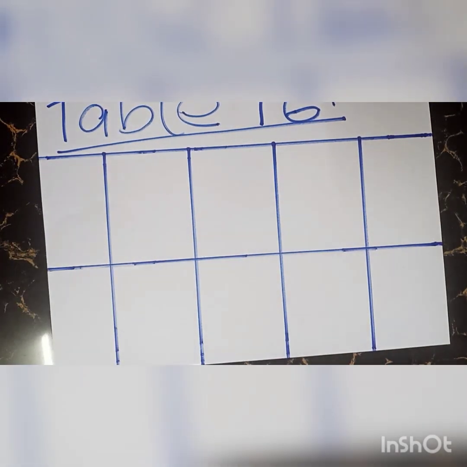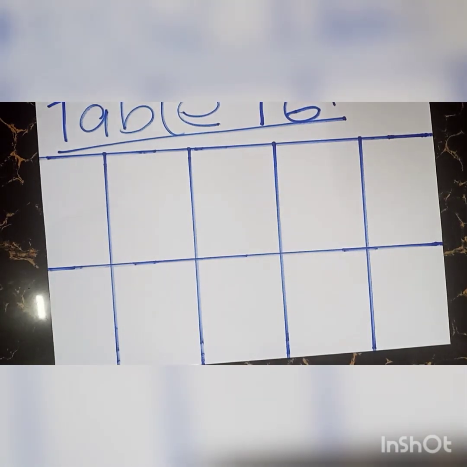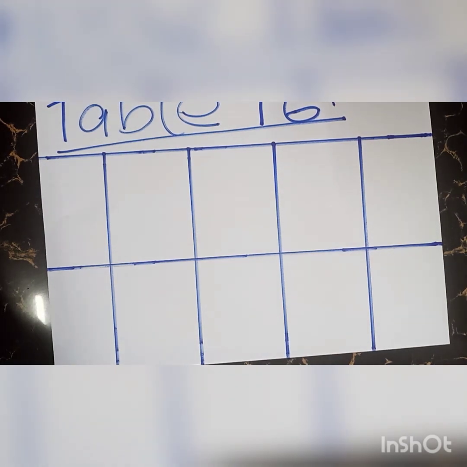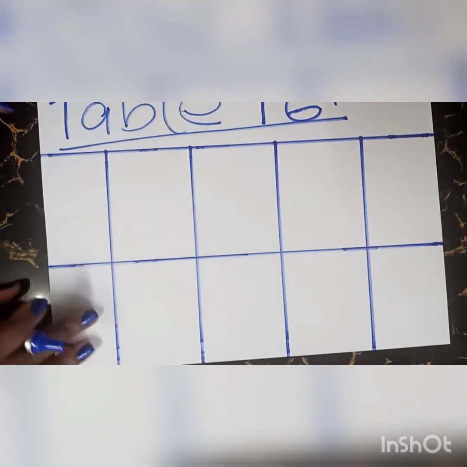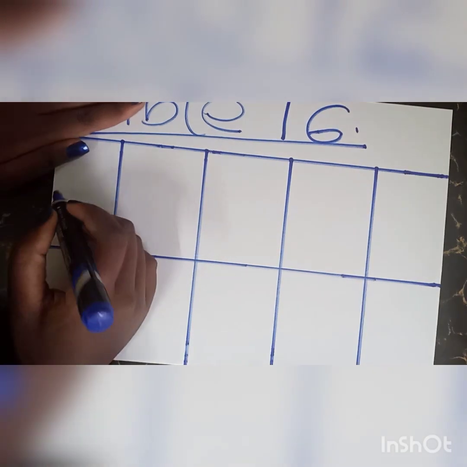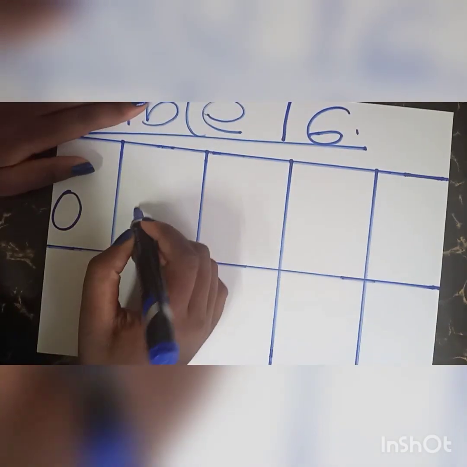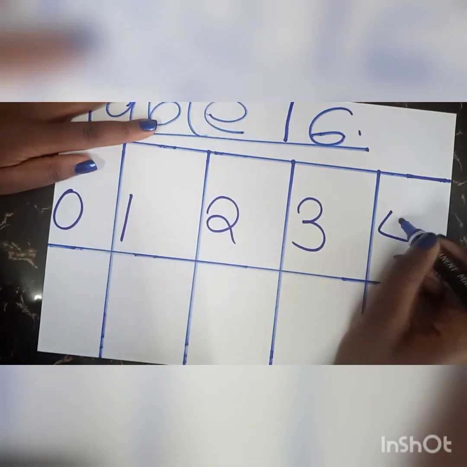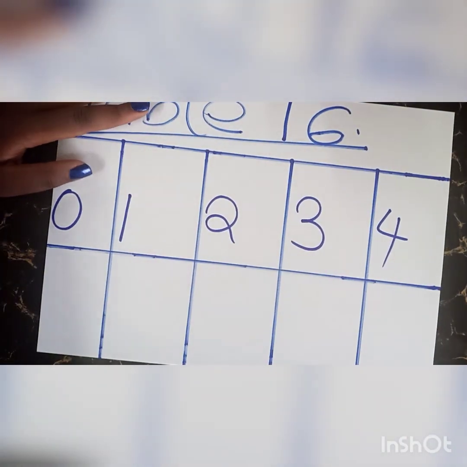So for the first row, we'll write 0, 1, 2, 3, 4.